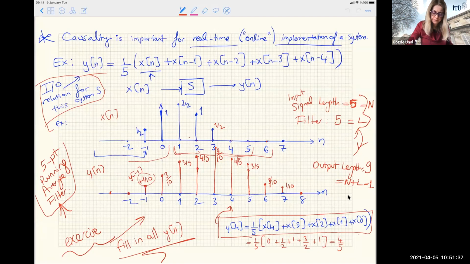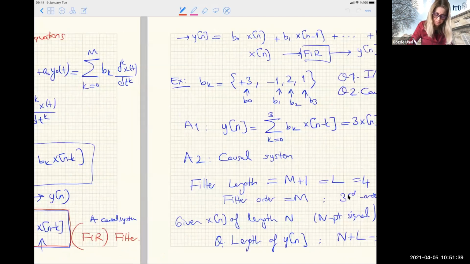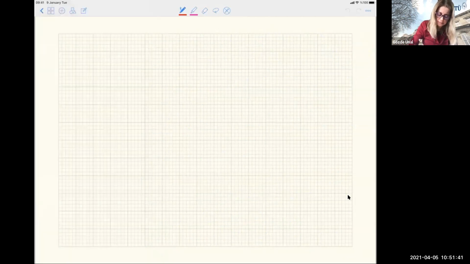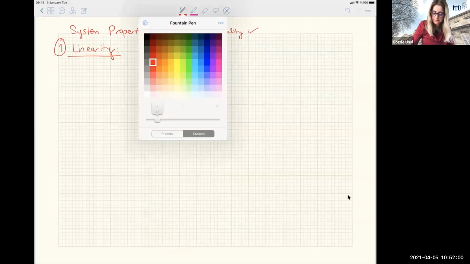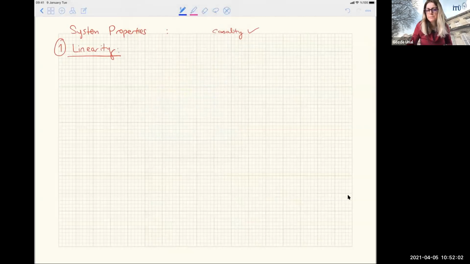So now let's see the system properties. We've already done causality. Now, an important property is linearity. A system being linear means it satisfies the property of superposition, guys.